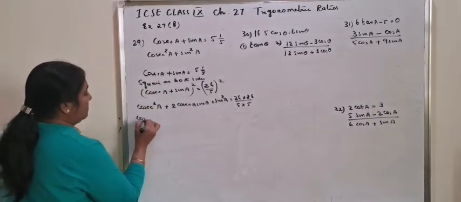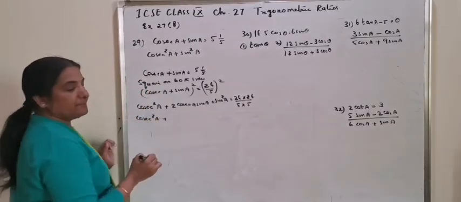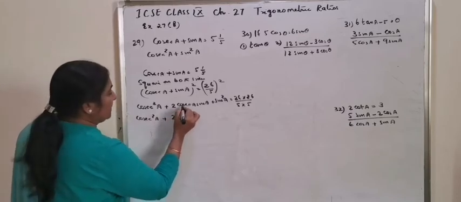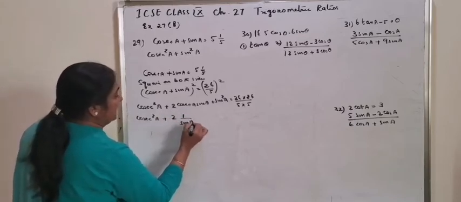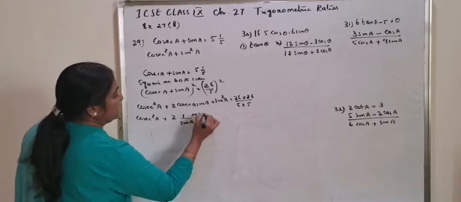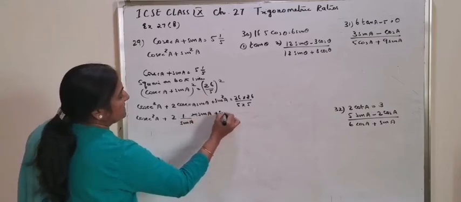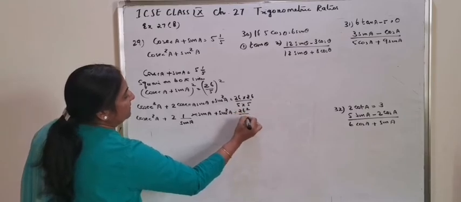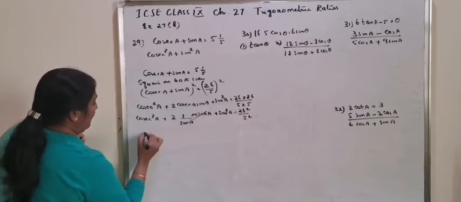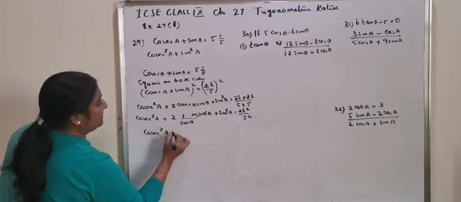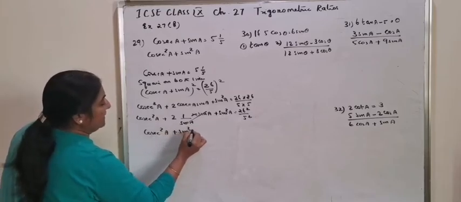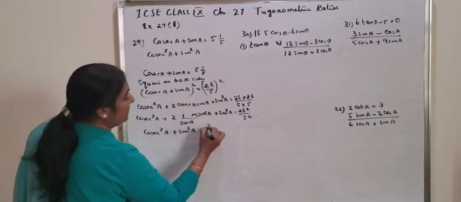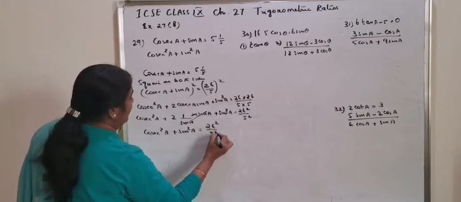Cosec is 1 by sin A, so 2 cosec A into sin A plus sin square A is equal to 26 square by 5 square. So cosec square A plus sin square A is equal to 26 square by 5 square minus 2.